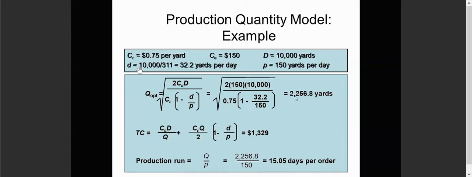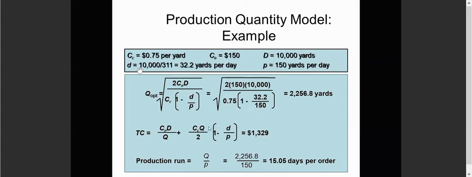The results show that the batch size is 2,256.8 yards. So we calculate the total cost, and based on this formula of total cost, the total cost is 1,329 ringgit.